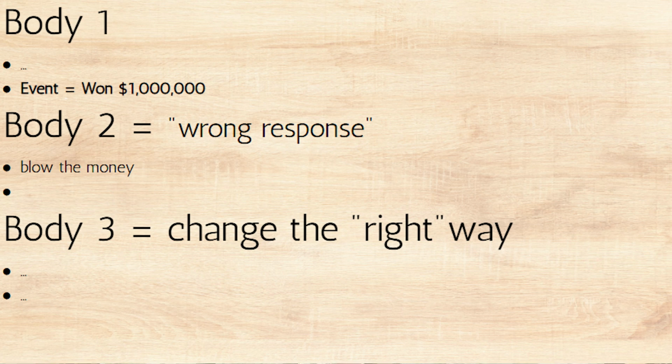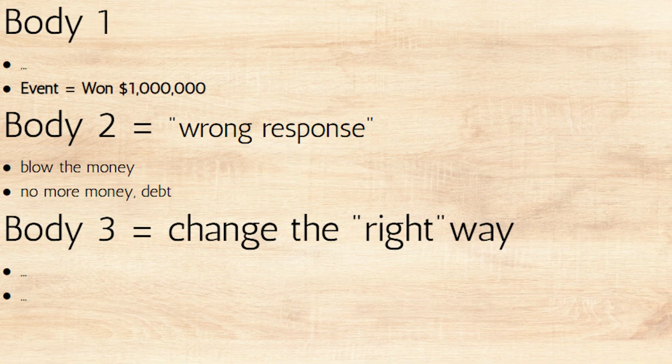If you won $1 million and the lesson is that people are more important than possessions, maybe in body paragraph 2 you blew all of the money on cars and boats and really expensive musical instruments and whatever else, and then you don't have any money left again at the end of that, which is actually something that happens to people who win the lottery sometimes.